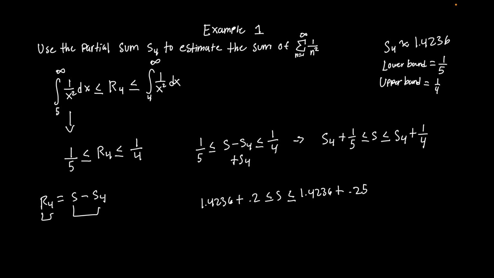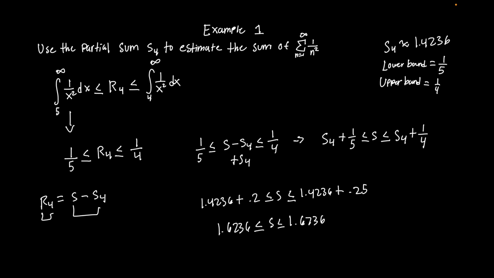And when you put this in your calculator, you get 1.6236 less than or equal to s, so less than or equal to 1.6736. So your exact sum is between 1.6236 and 1.6736.